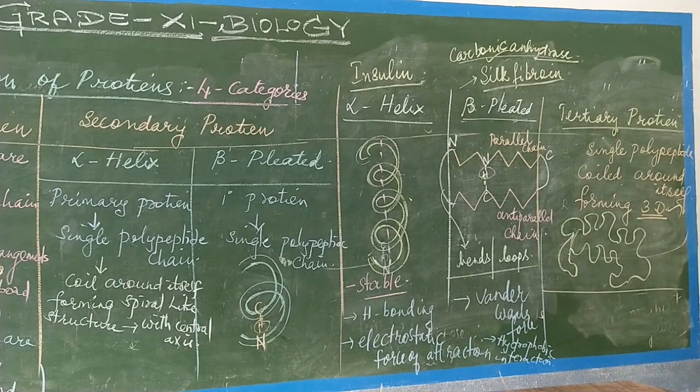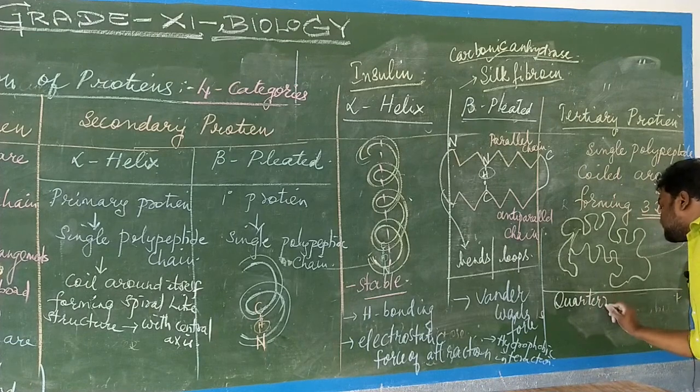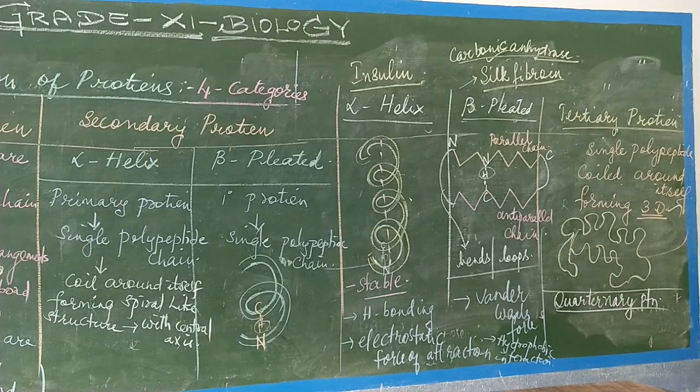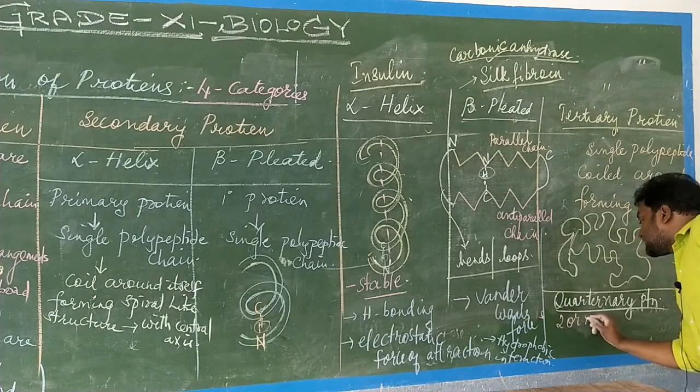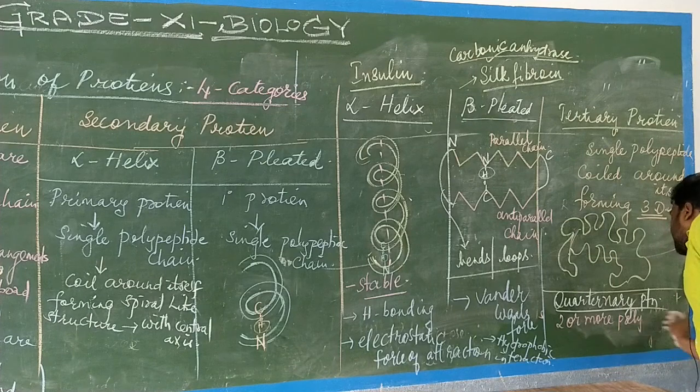Quaternary protein is the last. That is also a very simple protein. What is this quaternary protein? Quaternary protein means two or more polypeptide chains coiled around itself.